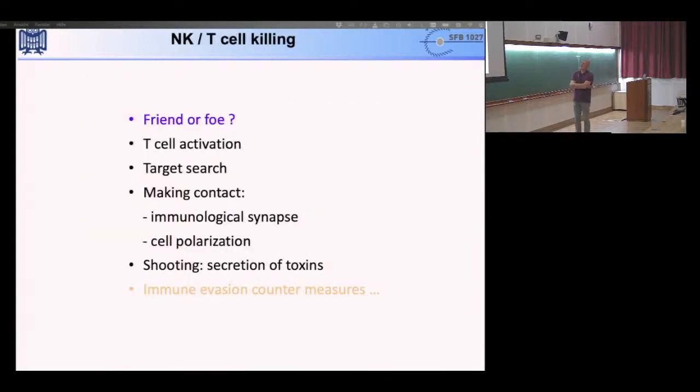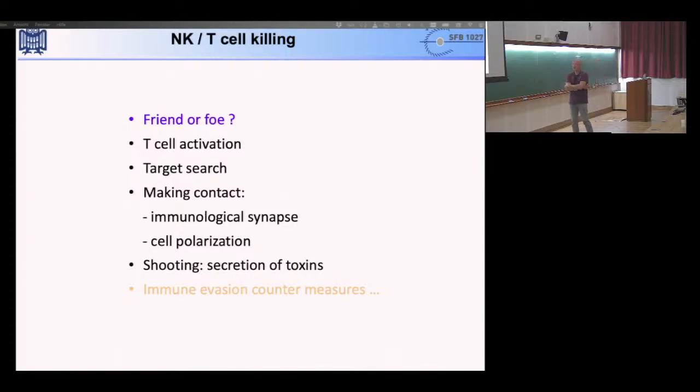Okay, a killing process, including search and activation and so on, is a complex thing. It involves first the problem how to discriminate between friend or foe. That was fascinating when I learned how that is done. Then a T cell has to become activated.